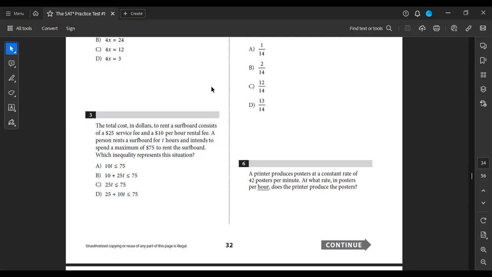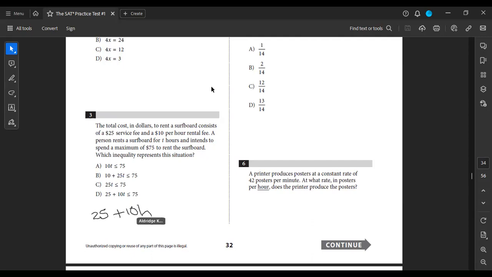All right. So the total cost in dollars to rent a surfboard includes $25 of service fee. So we're always going to pay $25 regardless, and then there's a $10 per hour rental fee. So $10 for every hour.